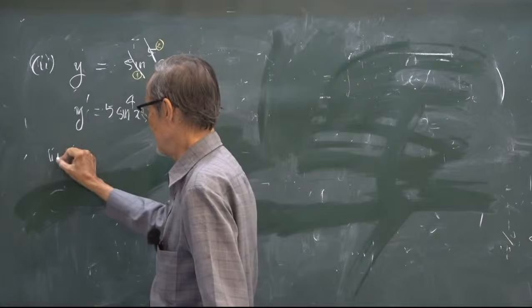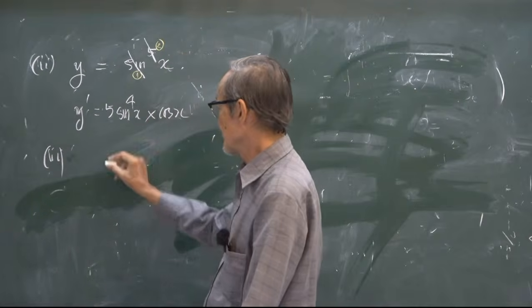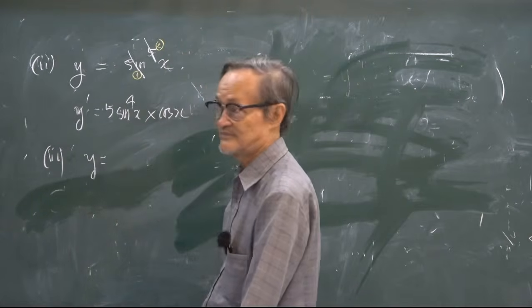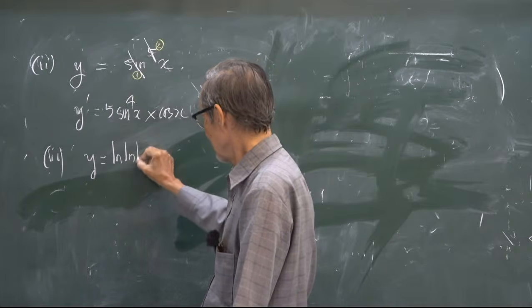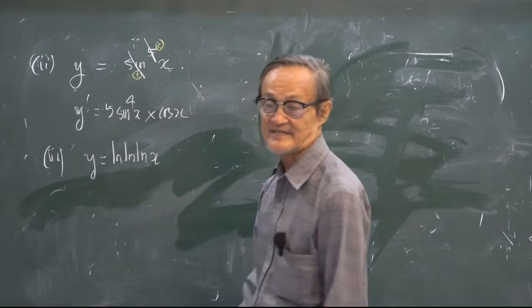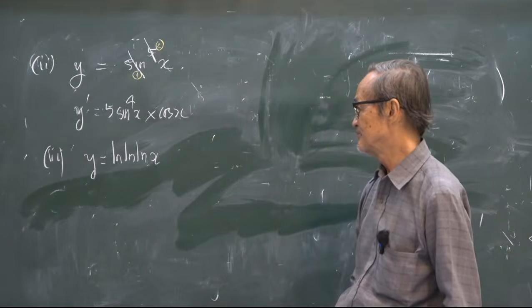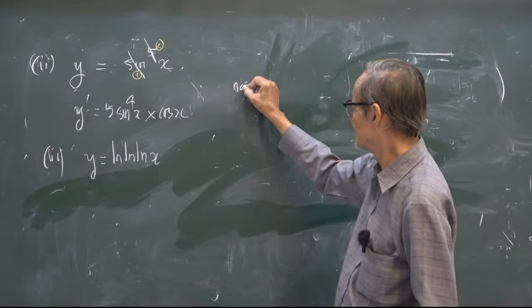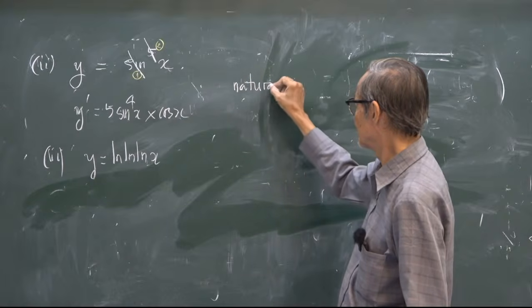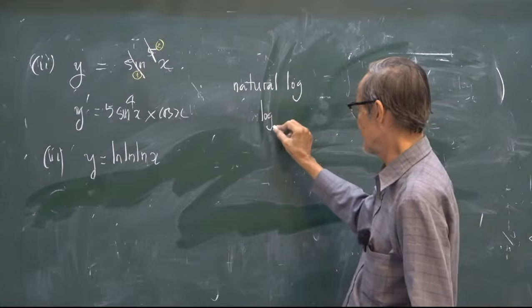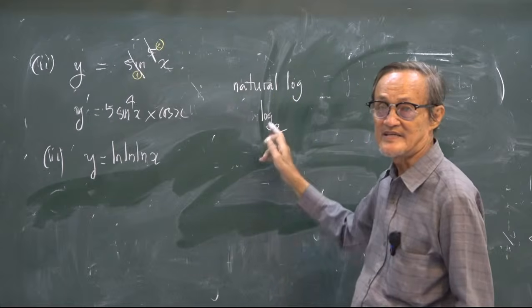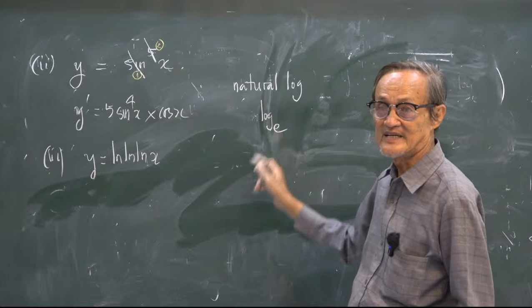Number 3, y equals natural log of natural log of natural log of x. Log to the base e, a special number in mathematics.